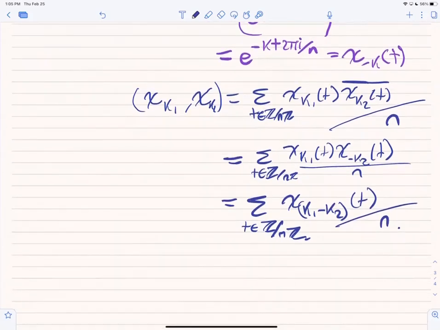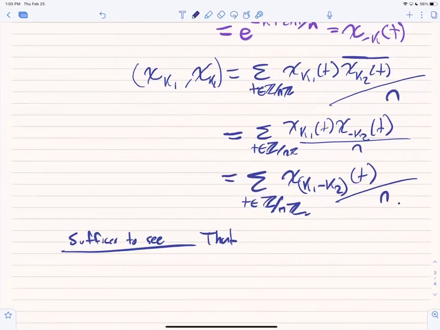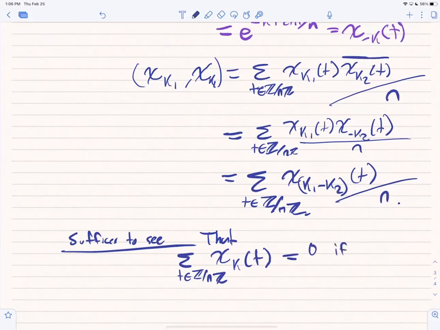So it suffices to see that if you add up all the values of a character, this is going to be equal to 0 if k is not equal to 0, which corresponds to k1 minus k2, that is, k1 not being equal to k2 above.